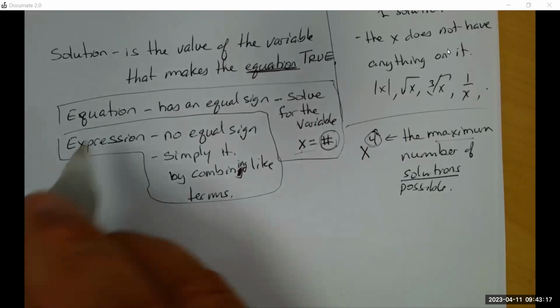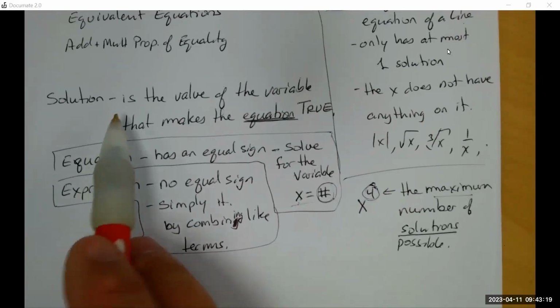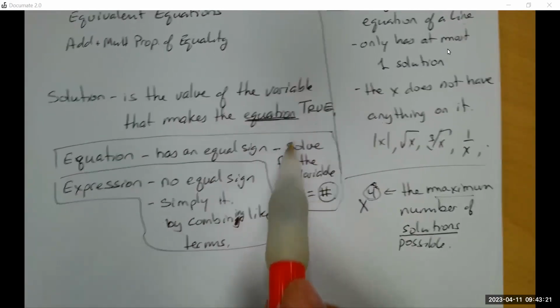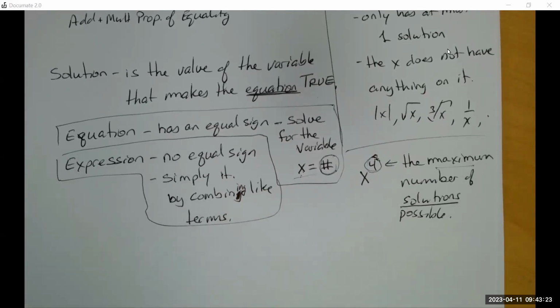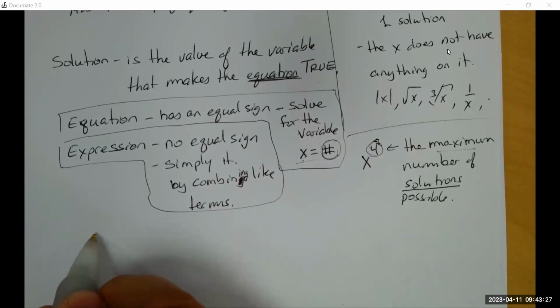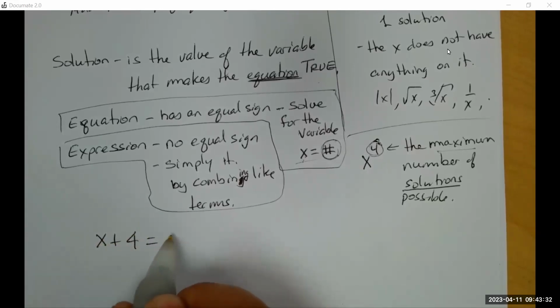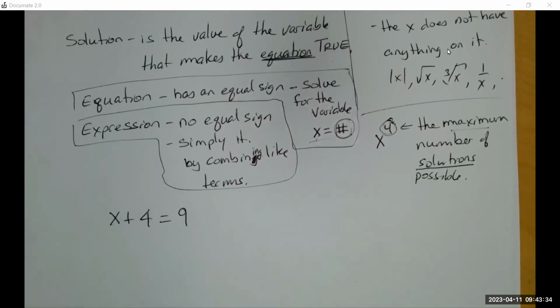All right, so solutions are just that. It's the values that make the equation true. In other words, when you plug it back in there, both sides equal each other. For example, let's look at this. There's an equation. It's got an equal sign. It's got a variable.